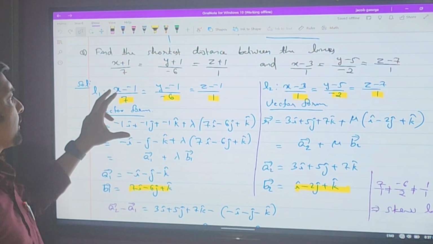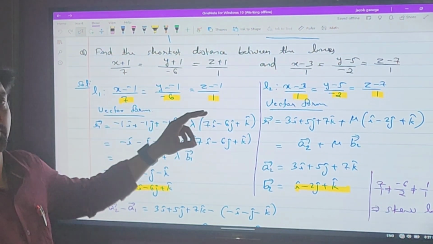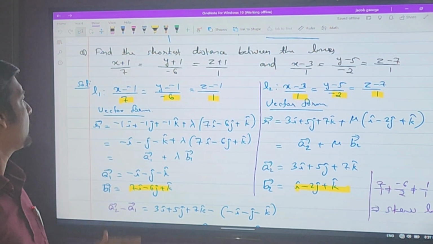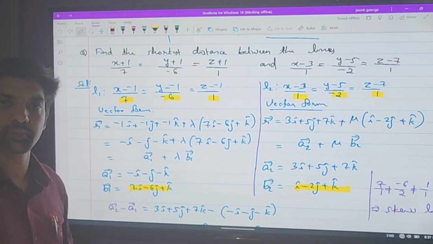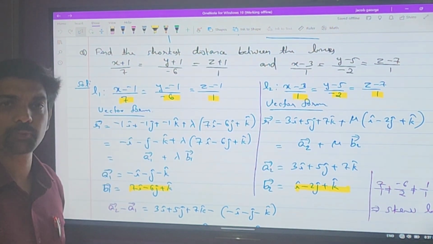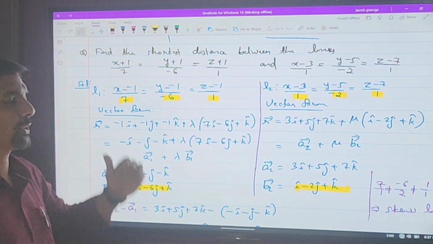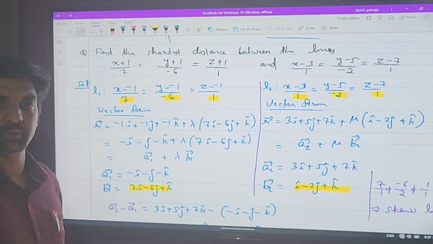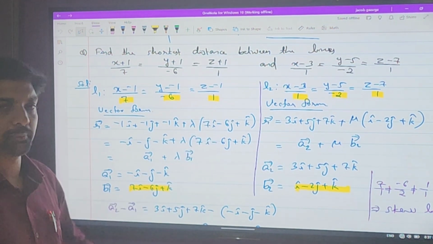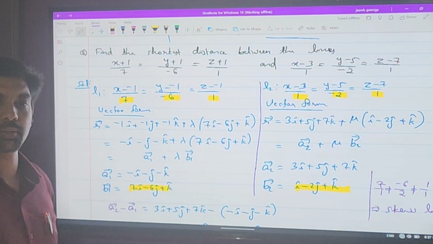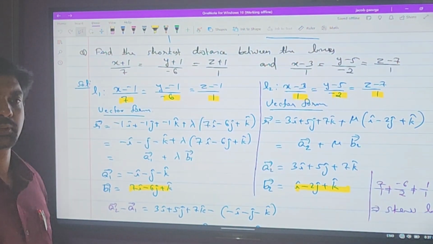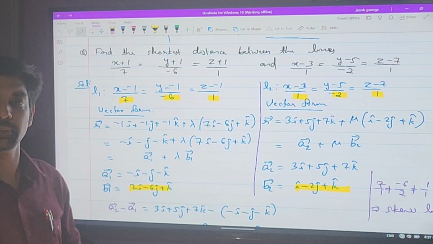Here the lines are in Cartesian form. The Cartesian form is x plus 1 by 7 is equal to y plus 1 by minus 6 is equal to z plus 1 by 1, and x minus 1 by 1 is equal to y minus 5 by minus 2 is equal to z minus 7 by 1. First of all, we have to write the standard form x minus x1 by a1.